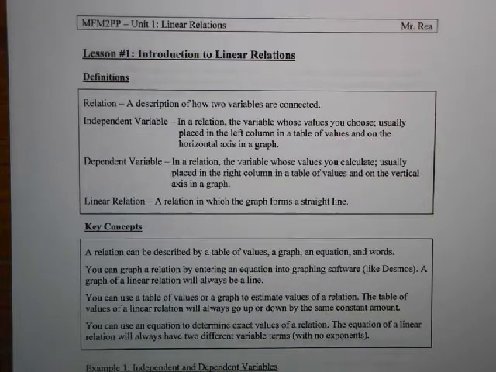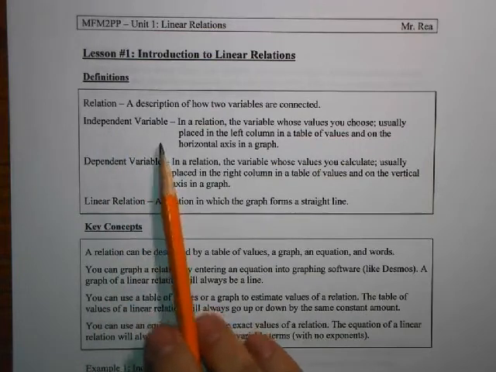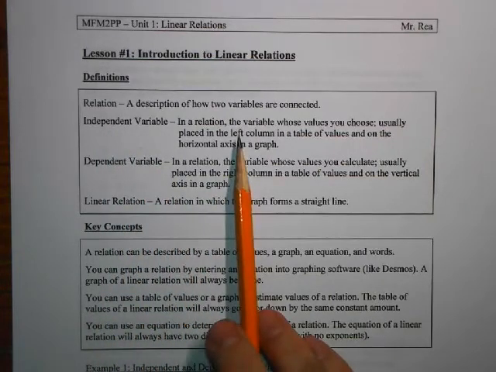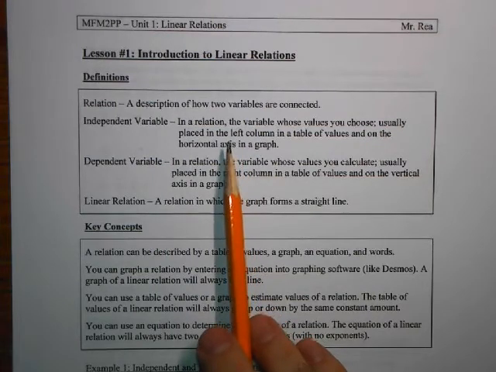But if I was to look at, say, the temperature in Hawaii and your math mark, well, those two things are not related. So a relation is when the two things we're looking at have a connection and we could discover the relationship between them.